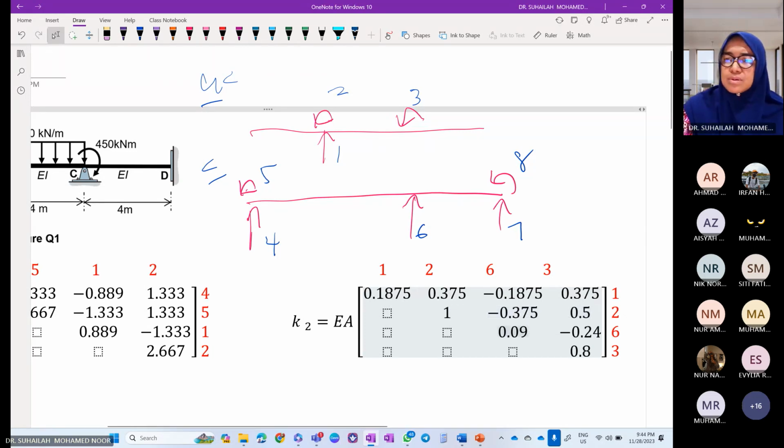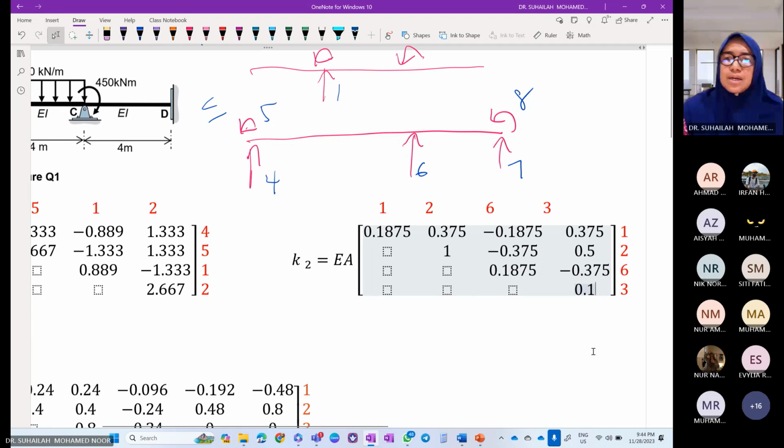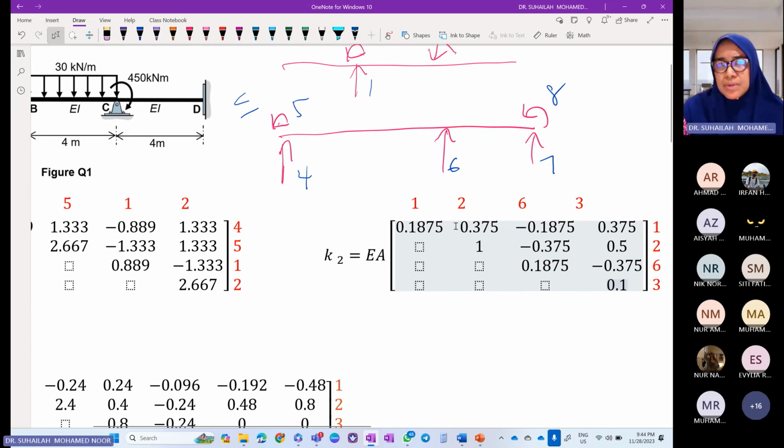Then 0.1875, negative 0.375, and 1. You can see that there are only a few different values: 0.1875, 0.375, and then 0.5 and 1. So there are only 4 values in the matrix actually.